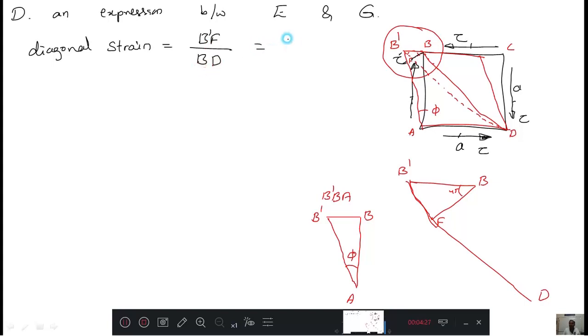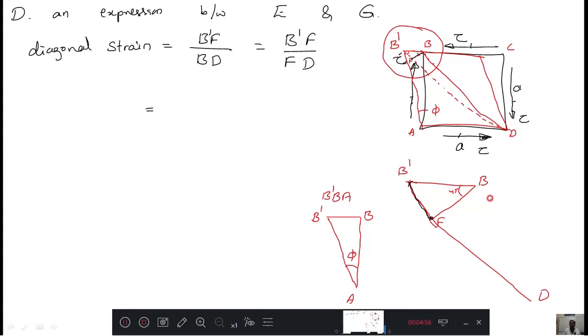You can even write the original length as FD. Both are the same, because BF is perpendicular. Now, B dash F I will represent by sin theta.